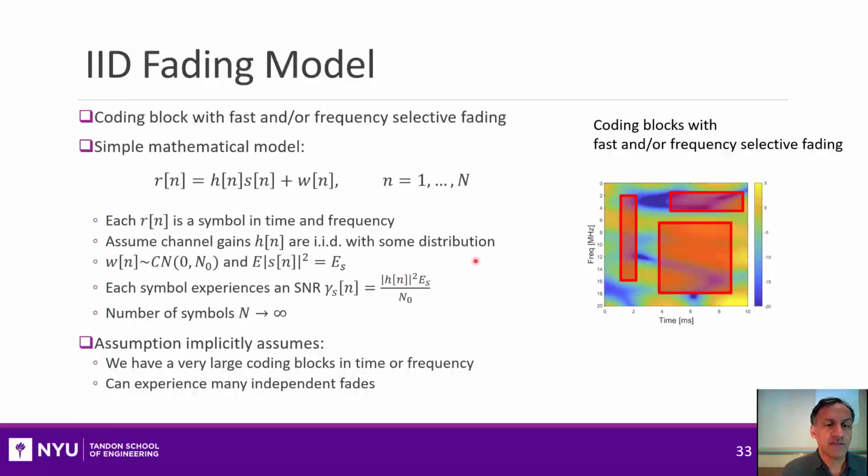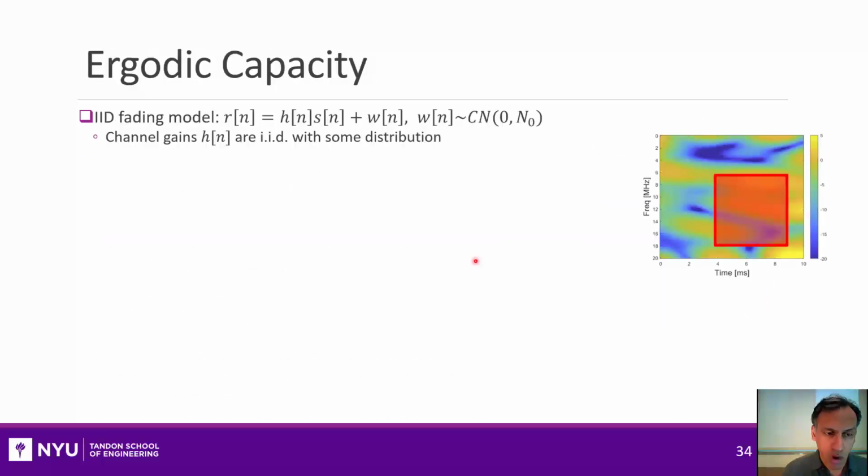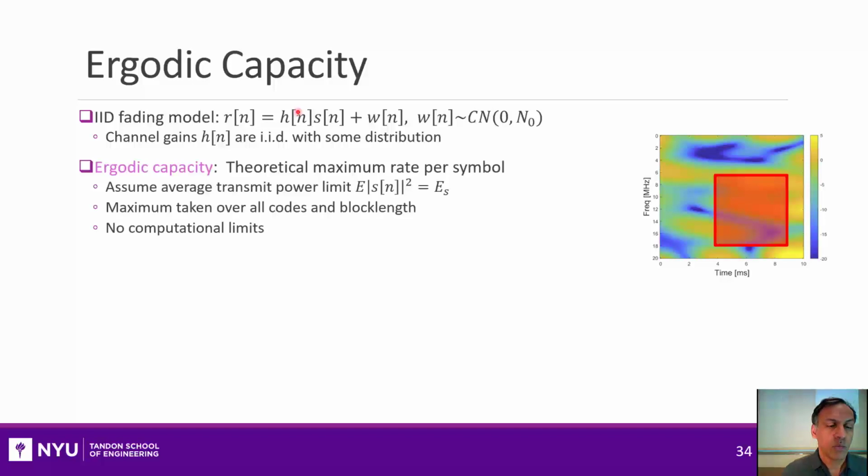All right, with this kind of very abstract mathematical model, let's try to analyze what is the theoretical capacity we could get. This relates to a concept called the ergodic capacity. So again, just to refresh, our model is we're seeing n symbols, each with these IID fades, h of n. What we could define is something called the ergodic capacity, which is very similar to the capacity that you think of in information theory, meaning this: from a theoretical perspective, what is the maximum rate per symbol I could transmit?